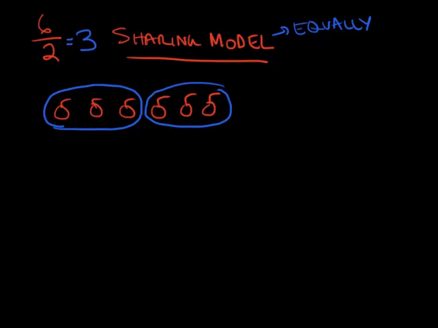Now there's another way that we can view fractions, and this is called the measuring model. So let's write it down. This is the measuring model, and let's take a look at, again, 6 divided by 2, and ask what this means in the measuring model.